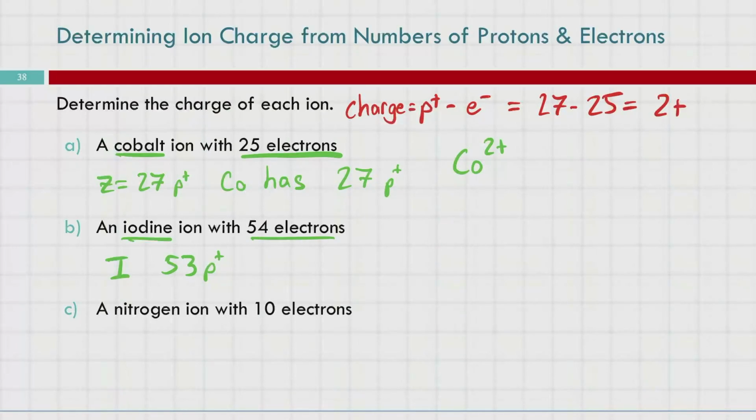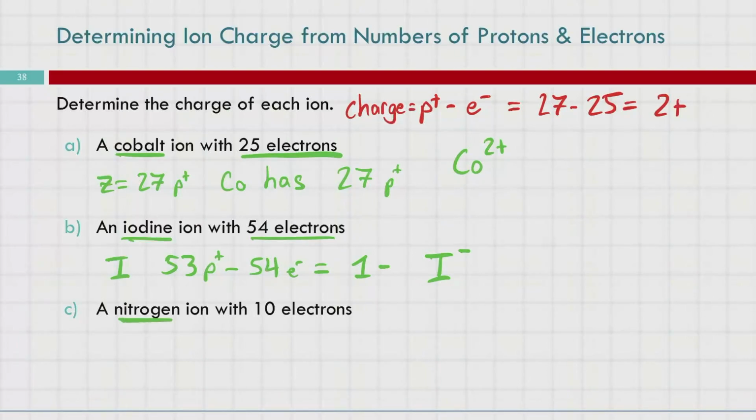It has 54 electrons, so we get an overall 1 negative. The other way we could come up with that is we've got 54 electrons, 53 protons. We've got more electrons. Electrons are negatively charged. We have 1 extra negative charge, so we've got a 1 minus charge. So this would be I minus.